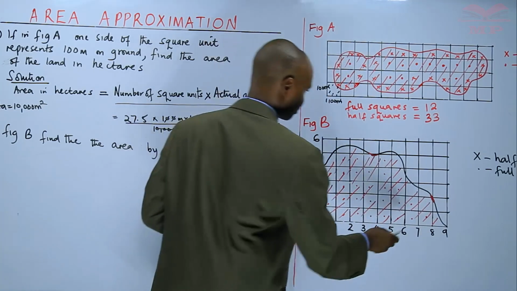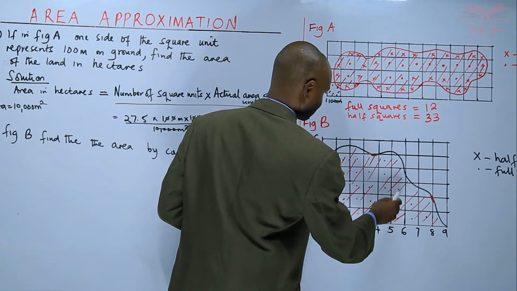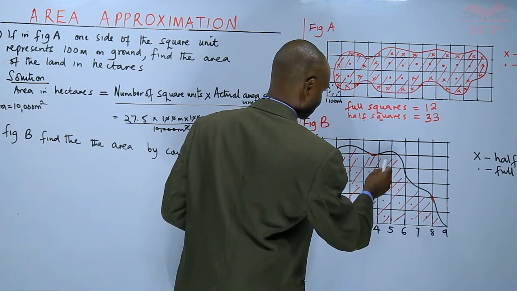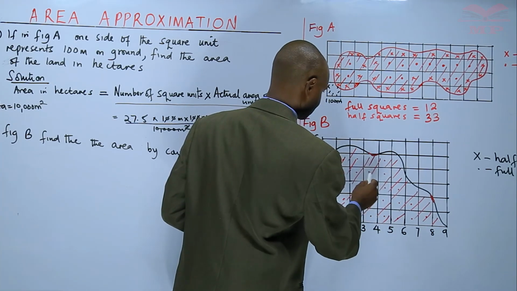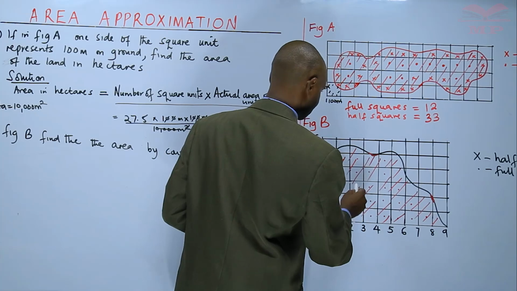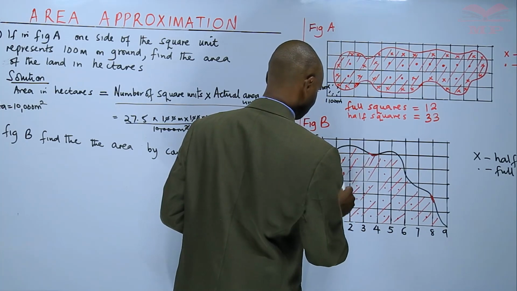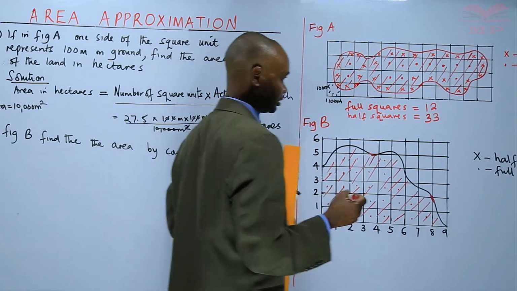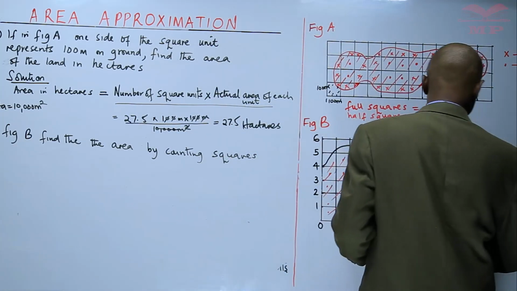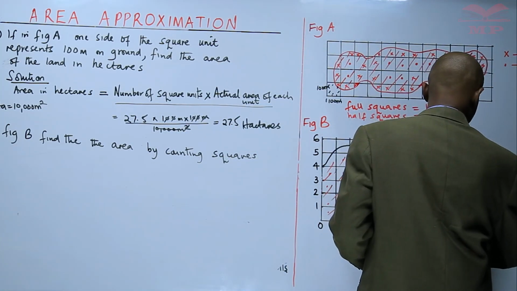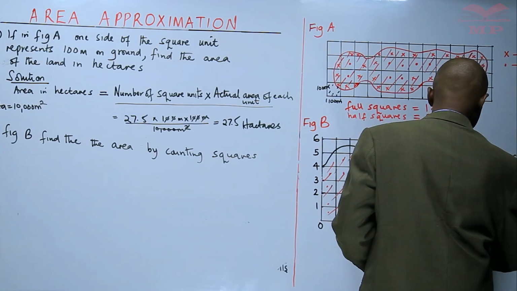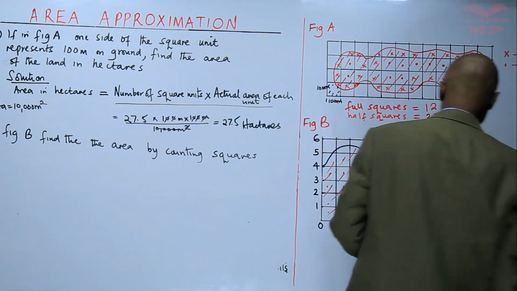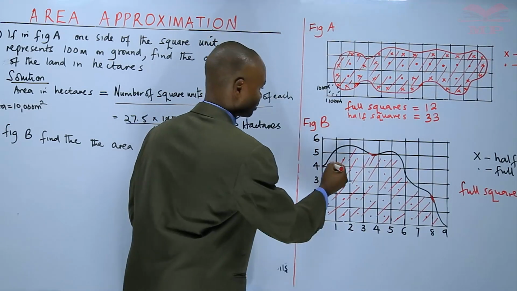You can repeat to confirm. 1, 2, 3, up to 29. So for full squares, you get 29. You move to half squares.